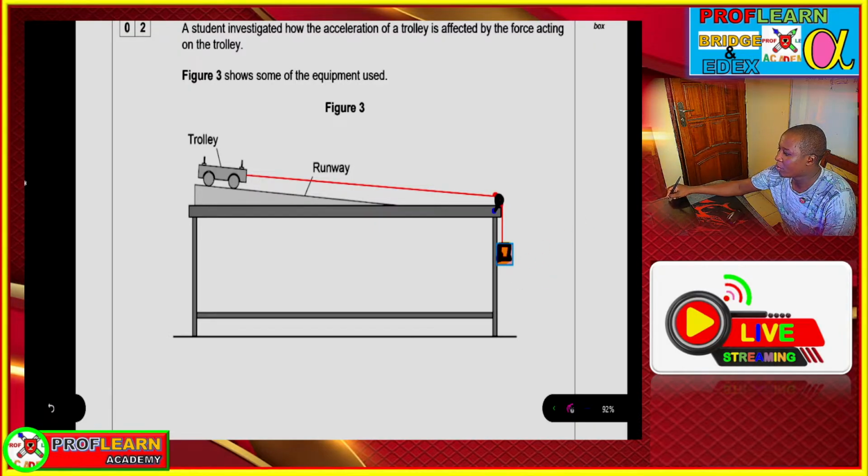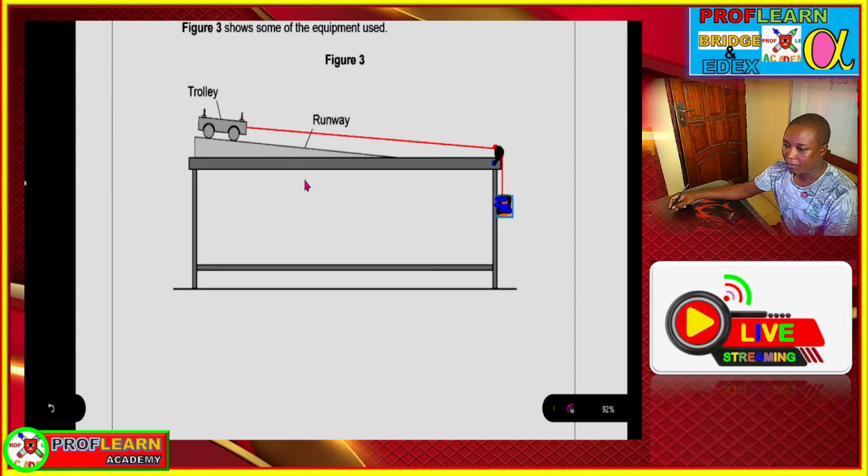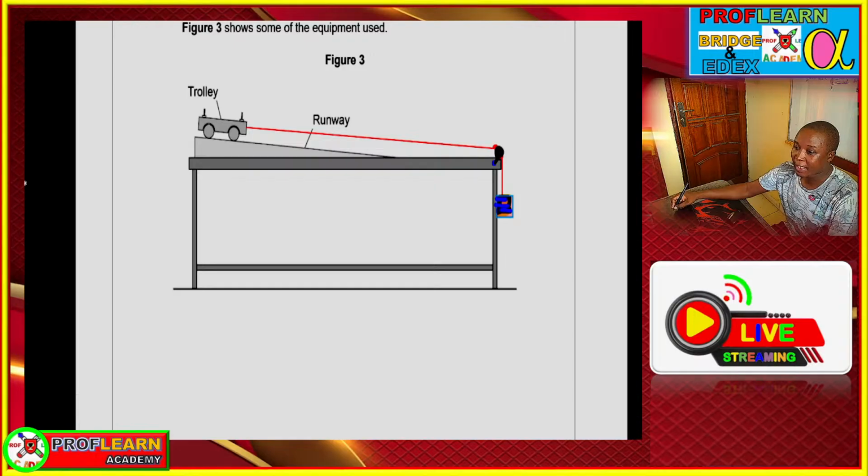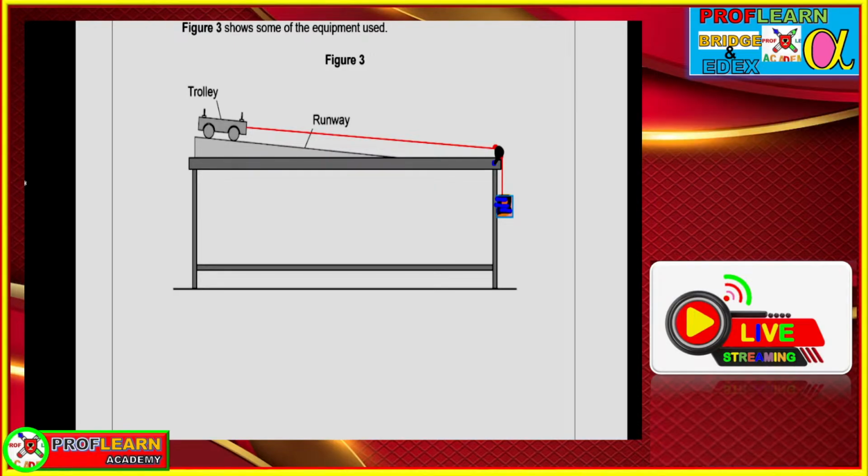Then you keep on increasing the masses as you observe how long it takes the trolley to run down the runway. Yeah, how are you going to determine the time taken in this case?